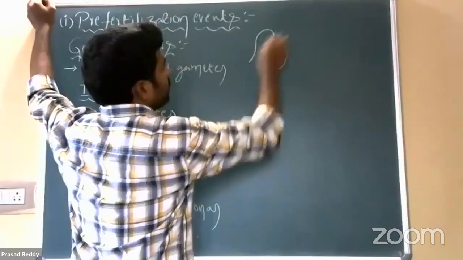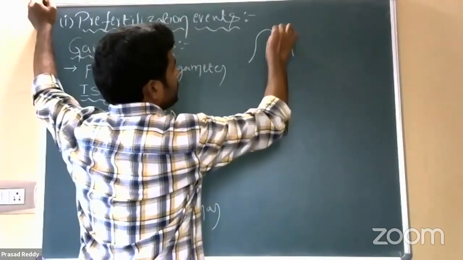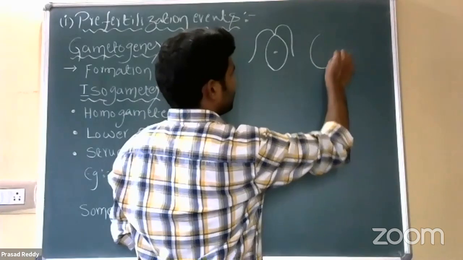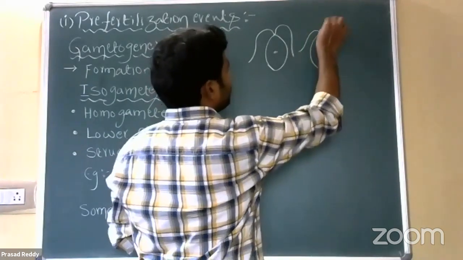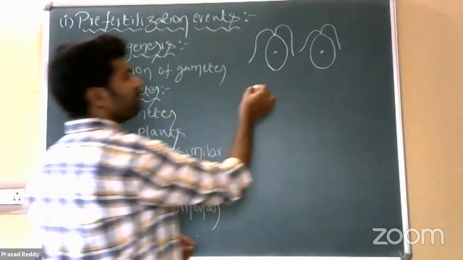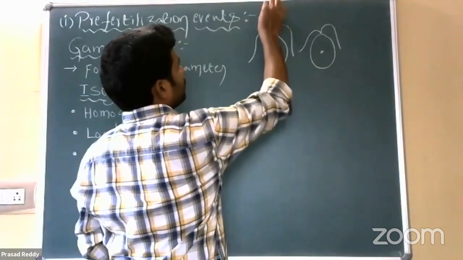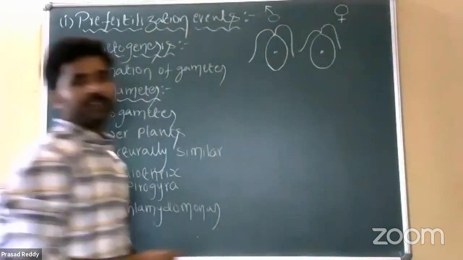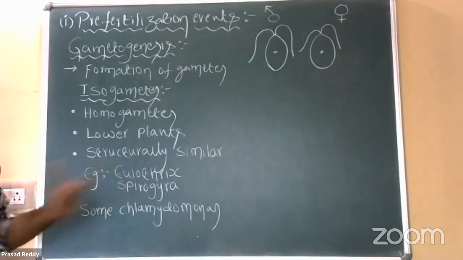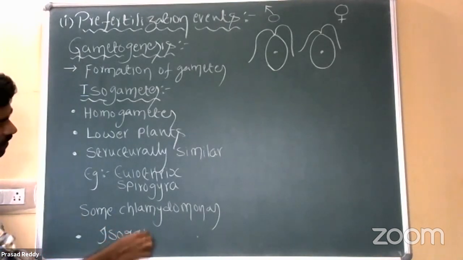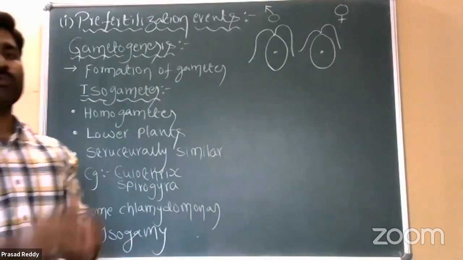That male gamete is similar in size, structurally similar to the female gamete, and the female gamete is structurally similar to the male gamete. Imagine it is the male gamete and it is the female gamete. That type of gametic fusion is called isogamy, or it is also called homogamy.